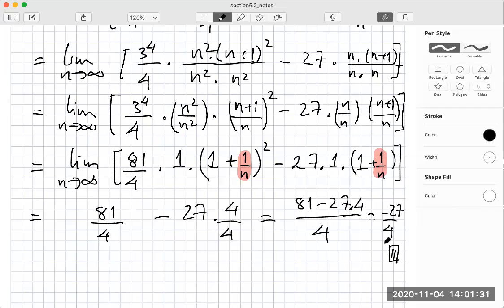So from the definition, we have already computed the integral of this function, right? Is it clear? Okay. Are we good?